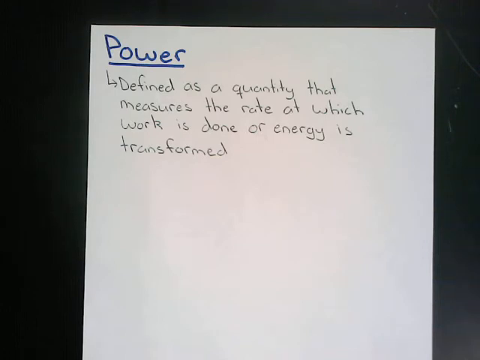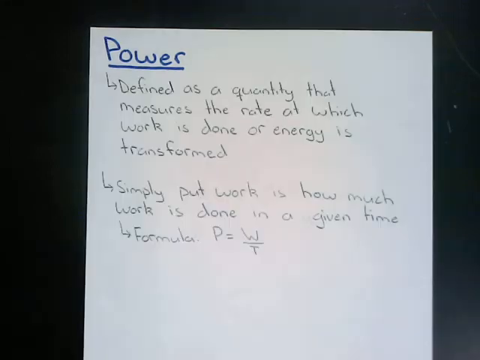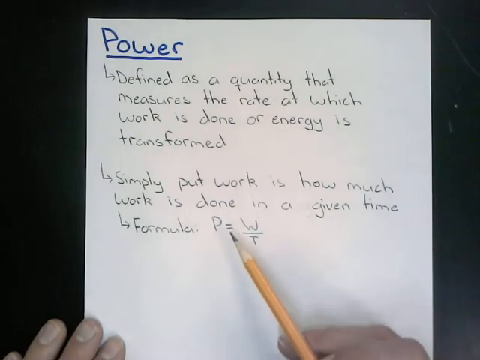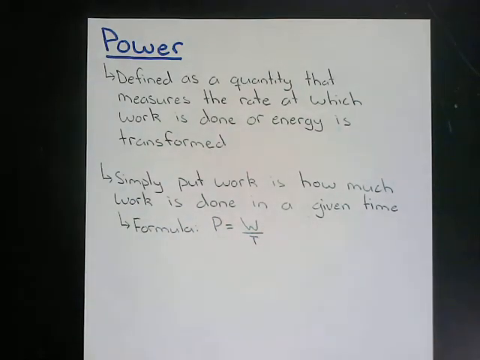Now, the key thing here, power is the rate at which work is done, or how much work is done in a given time. Now, power has the formula of P equals W divided by T. And I'm going to call power equal to W over T here.